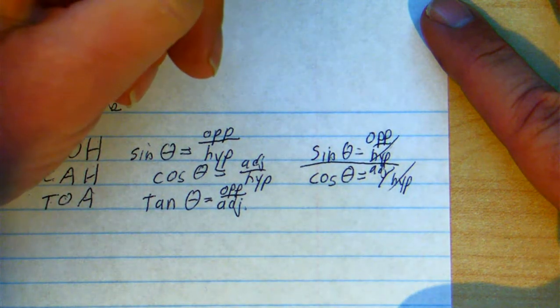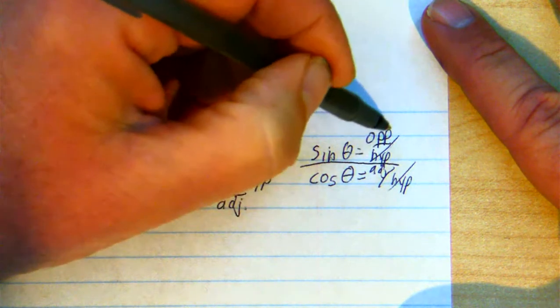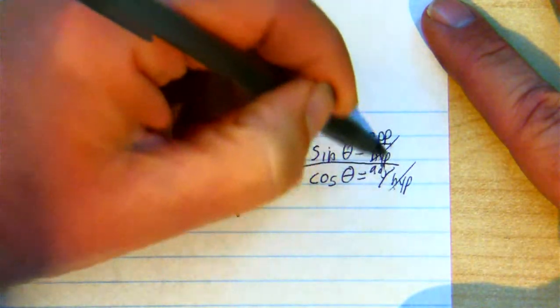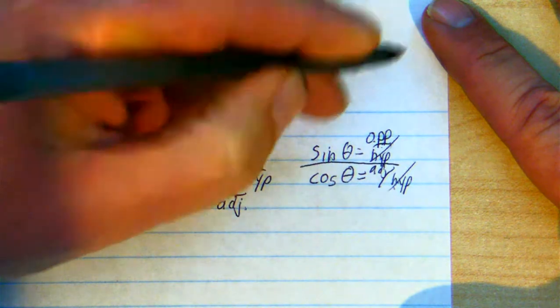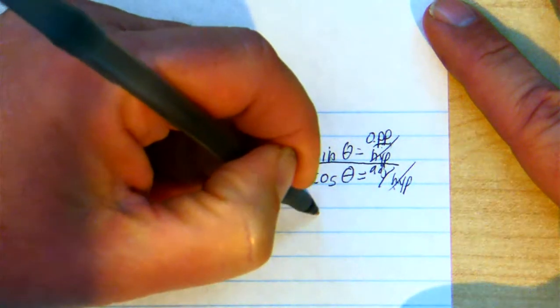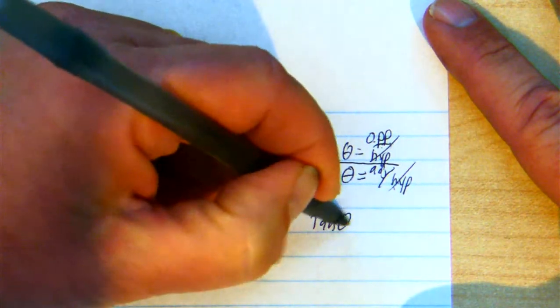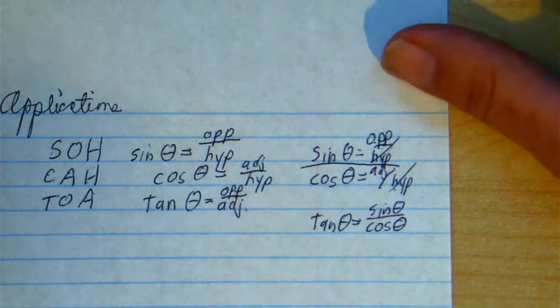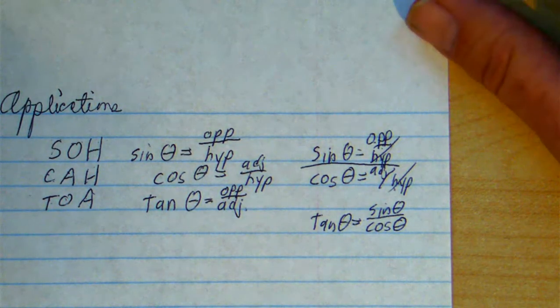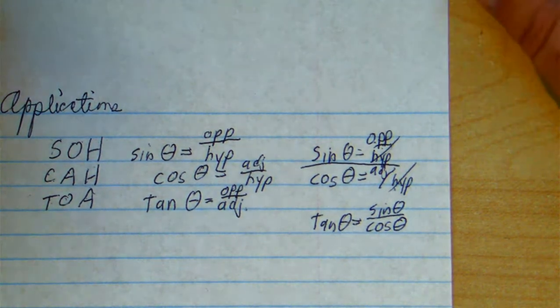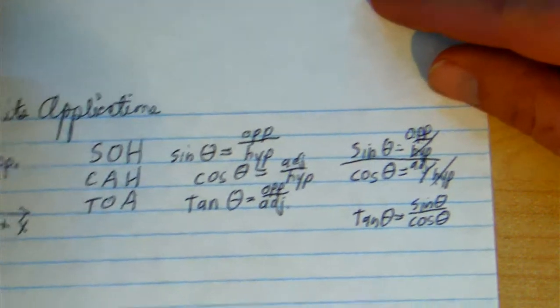The hypotenuses are both in the denominator of each fraction, so they cancel out. And so the tangent of theta is the sine of theta divided by the cosine of theta. That is just a true trigonometric identity. Not that you're going to be using it, I just thought I would share it with you.